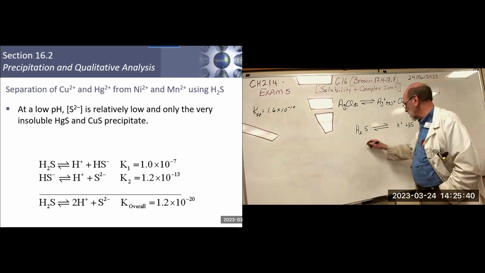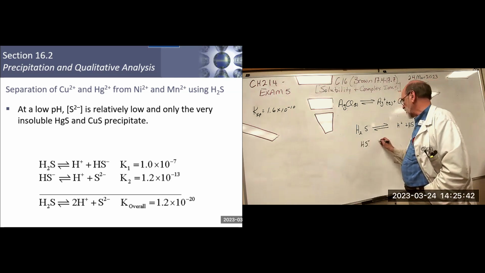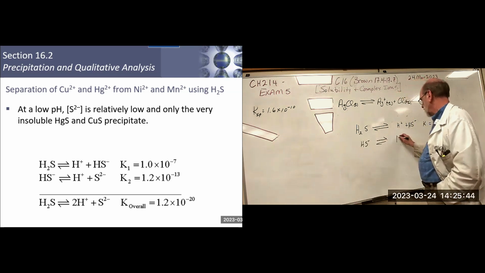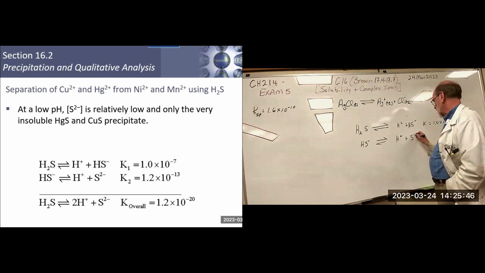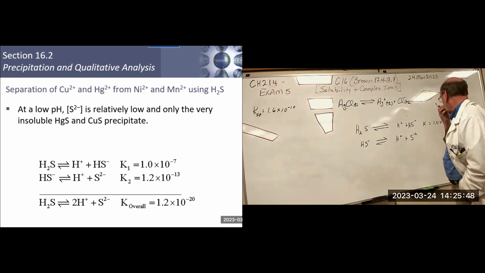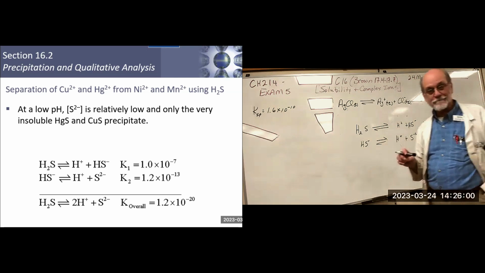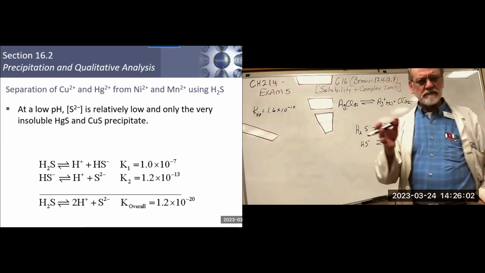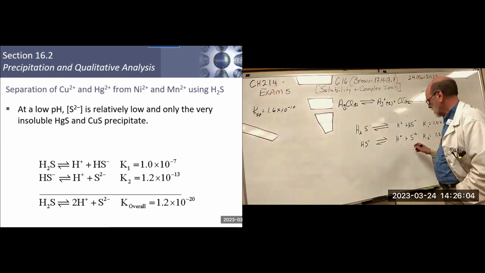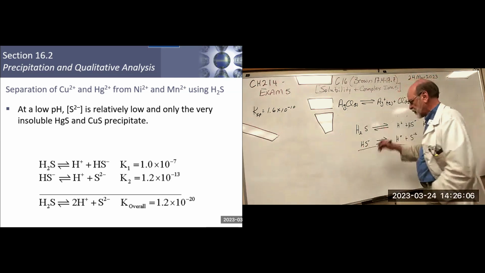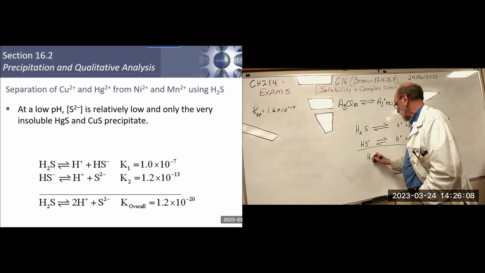And then we take this one and extract another proton, and that gives us the sulfide. This is K1, this is K2. This K2 is 1.2 times 10 to the minus 13. Overall, if we combine these, we get that previous equation that I had written up here.